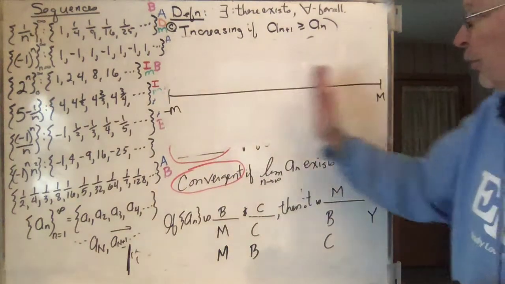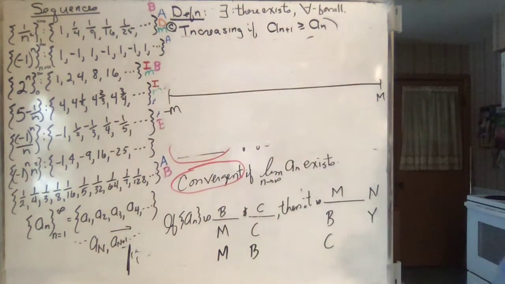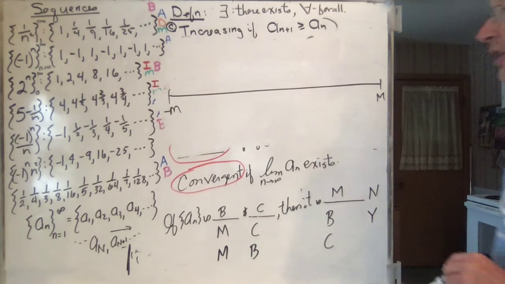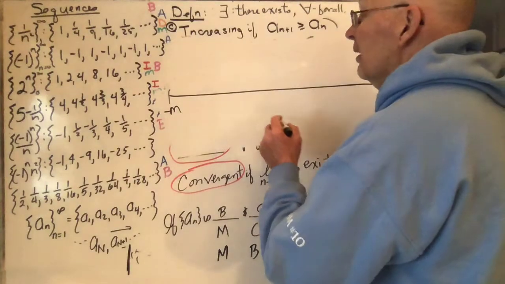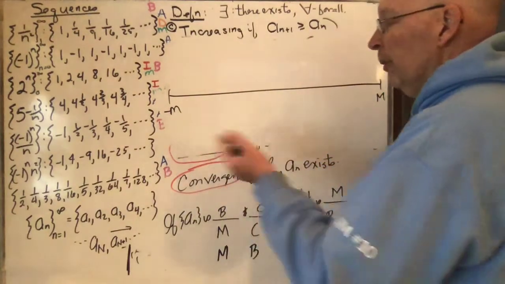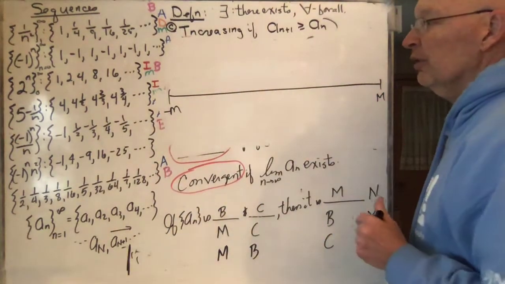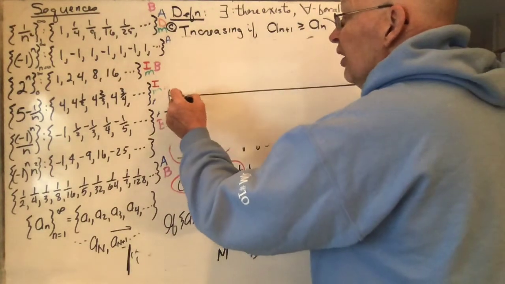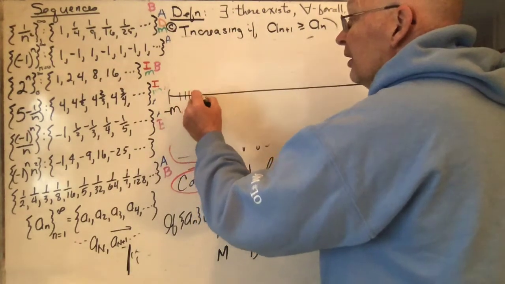We're between those two, we're bounded there. Now, we're also monotone. If we are monotone, does that force us to be convergent? Let's think about it. If we're monotone, that means we're either increasing or we're decreasing. So let's assume without loss of generality that we're increasing.